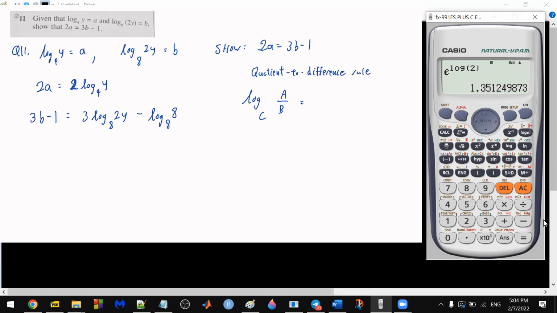Basically, division becomes subtraction. The division and subtraction, you can remember them as both operations that will make numbers smaller. So that's why they are related to each other.